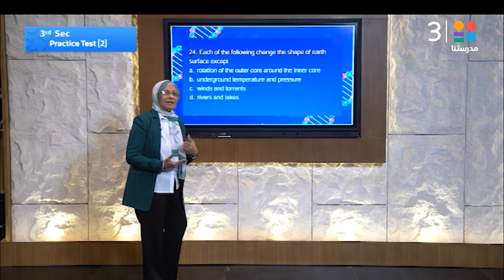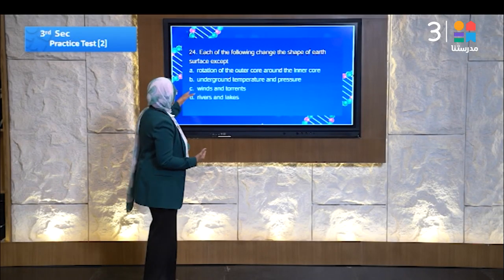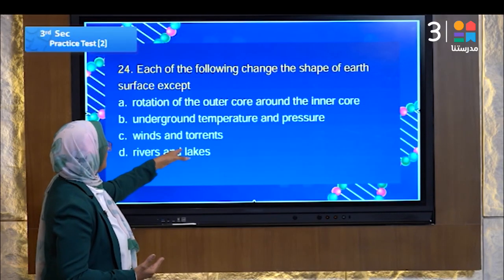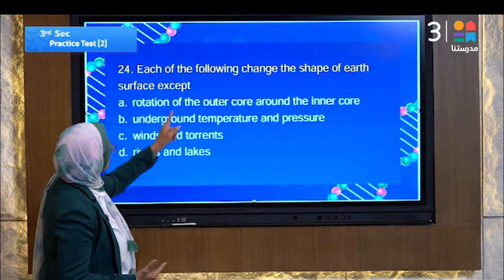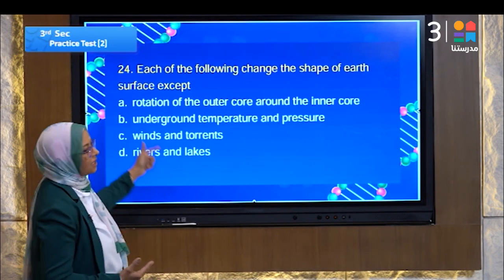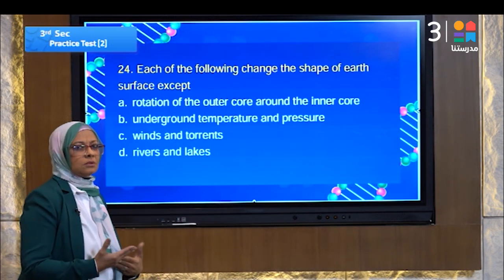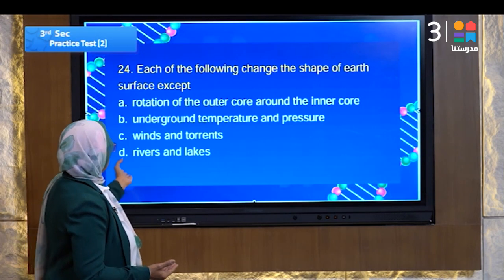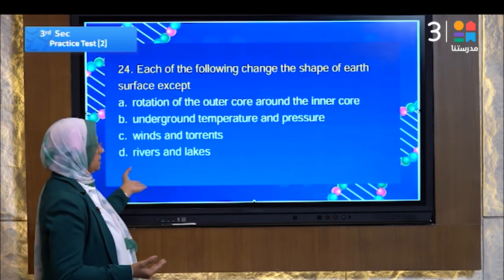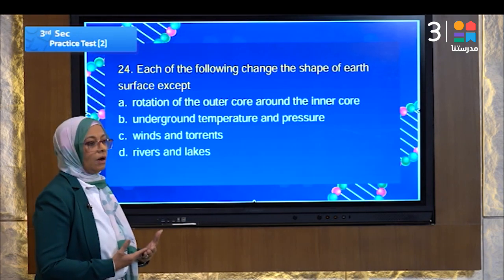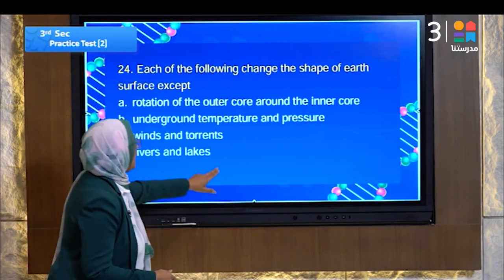Underground means under the Earth's crust. C, winds and torrents. Do winds and torrents change the shape of the Earth's surface? Yes, erosion, maybe. D, rivers and lakes. Rivers and lakes mean the water on the Earth's surface. Let's go to the answer.